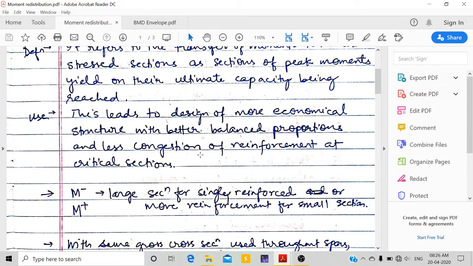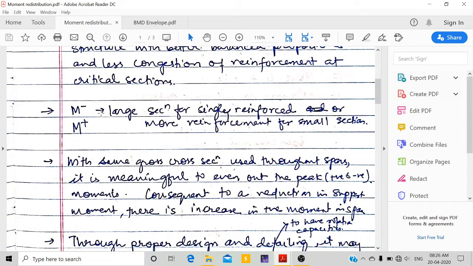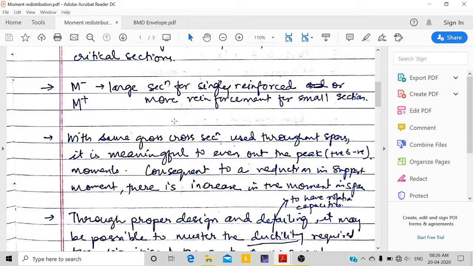If you have maximum negative or maximum positive moment at those points, your section will be very large with more reinforcement. But if you use the moment redistribution method, using the whole capacity of the beam till ultimate, you are reducing the reinforcement because you are reducing the moments by redistribution.